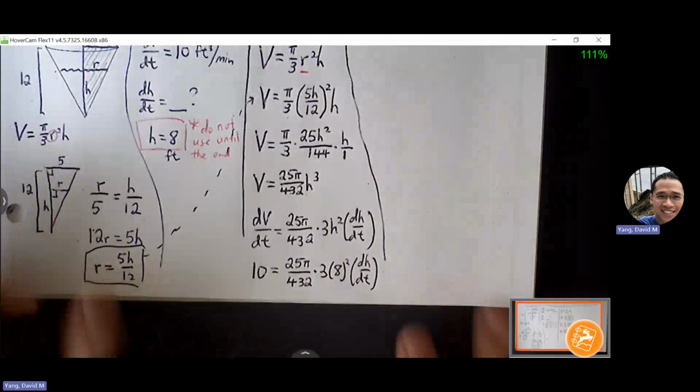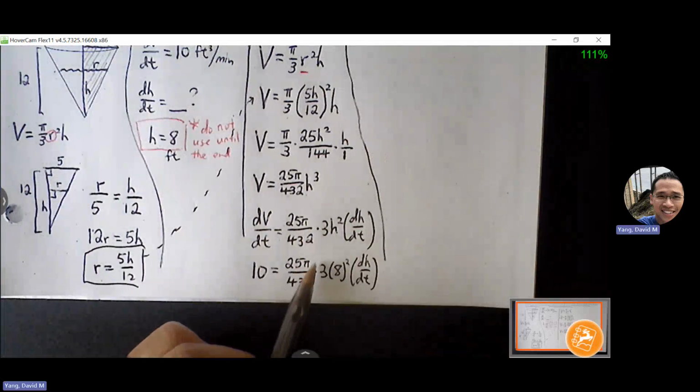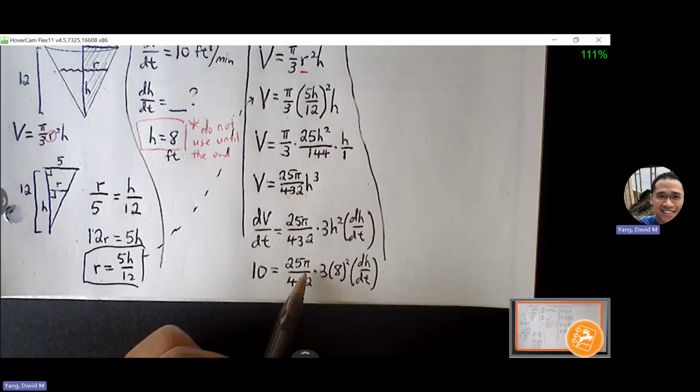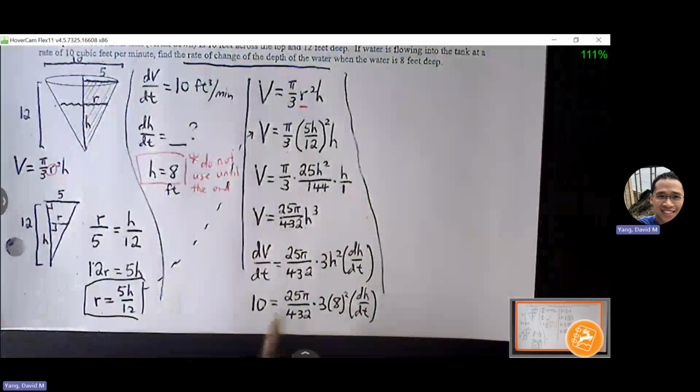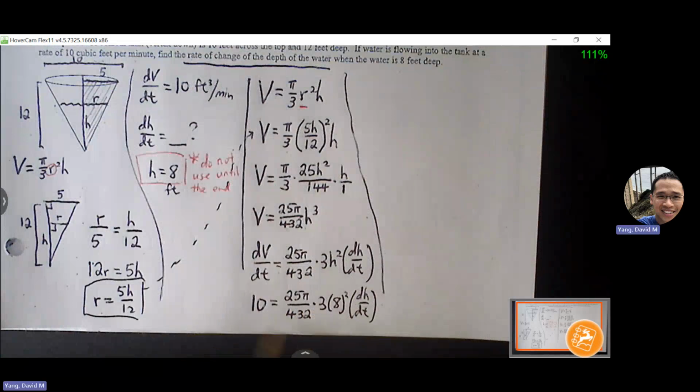Okay, you're free to use your calculator, but you do need to kind of dance around that pi there and not put that in the calculator. You're going to hold on to that pi notation because I want an exact value. As soon as you put pi in the calculator, you're going to get some decimal value, and it's not going to be exact. Okay, but I'm going to continue to clean this up here before I move that over.